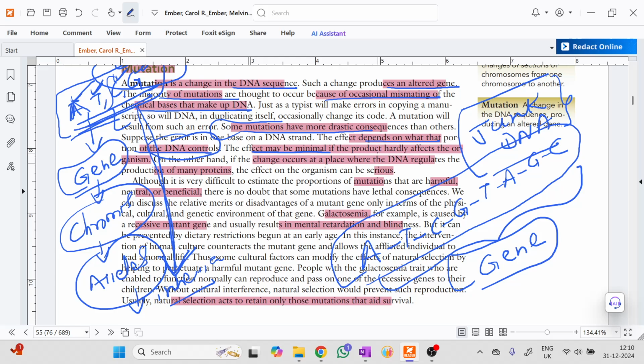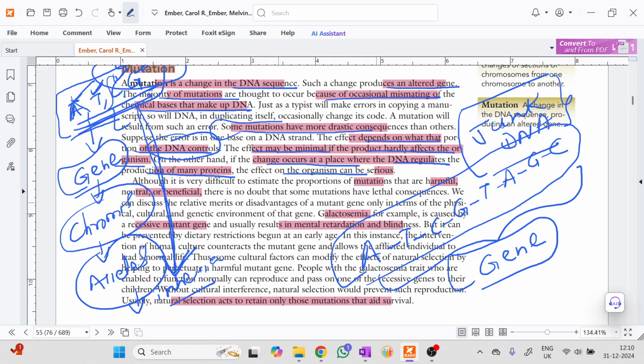The effect can be minimal if the section hardly affects the organism. But if mutation happens at a place where DNA regulates the production of many proteins, then the effect can be serious.